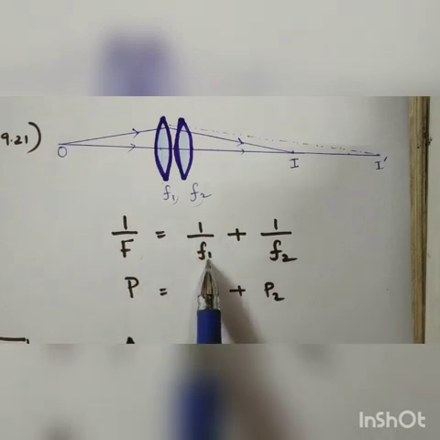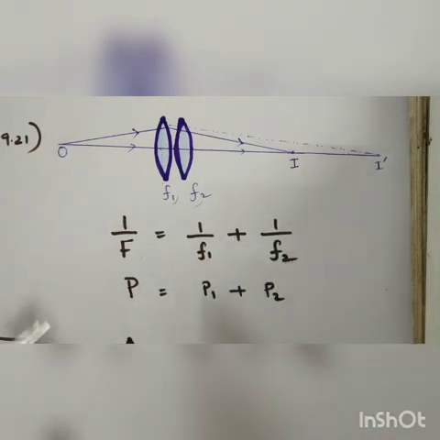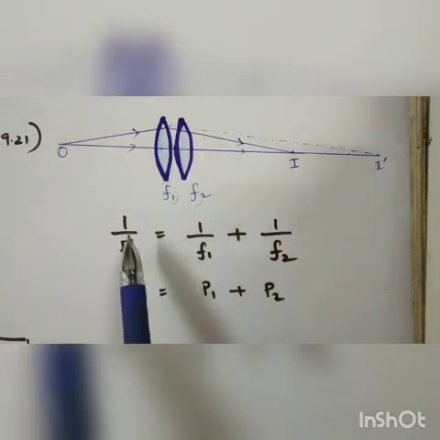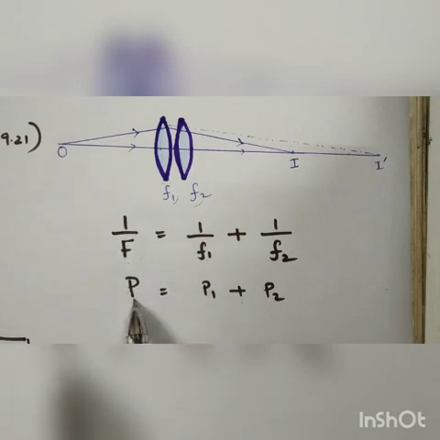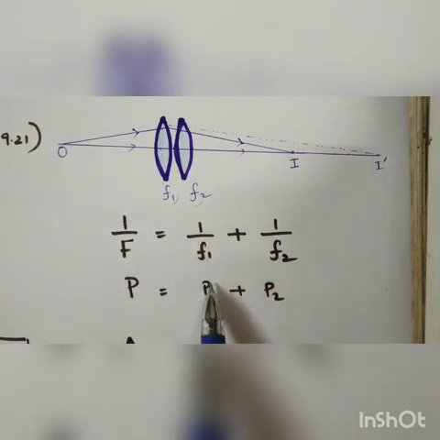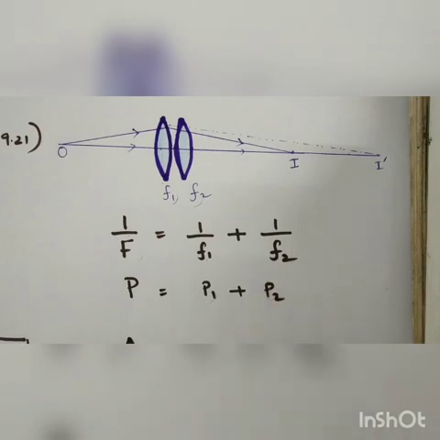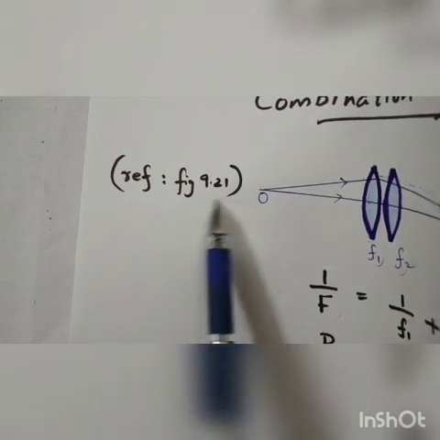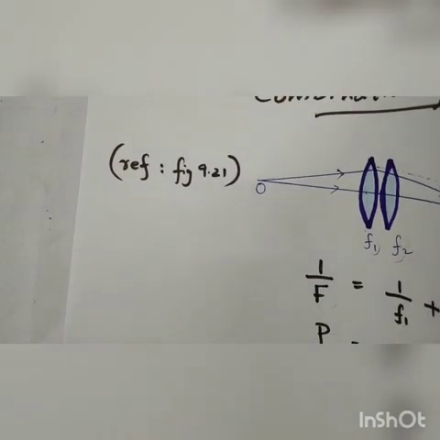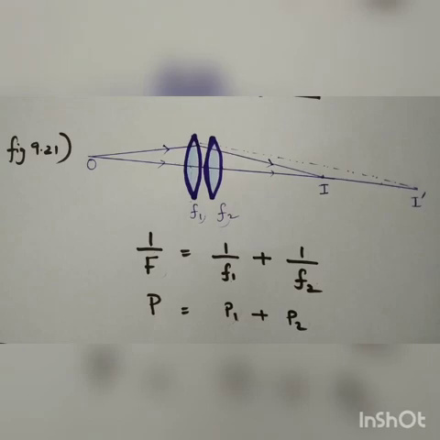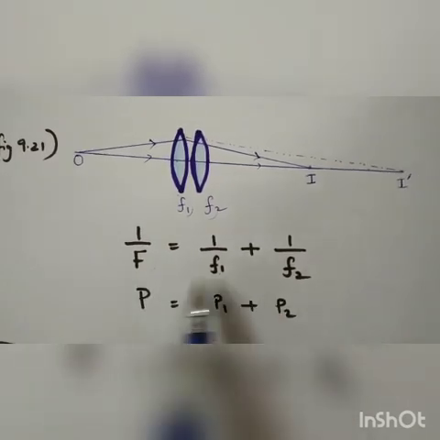It is 1 by f1 plus 1 by f2. Then what will be the power of the combination? 1 by f is P. So P1, power of the first one, plus power of the second one, P2. Now this diagram is figure 9.21 in your textbook. Refer the diagram.